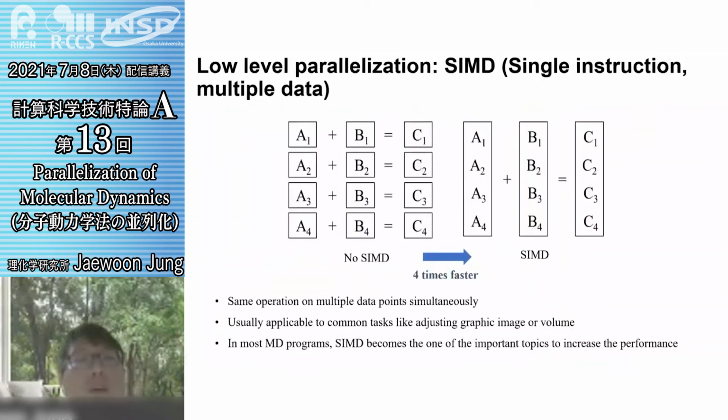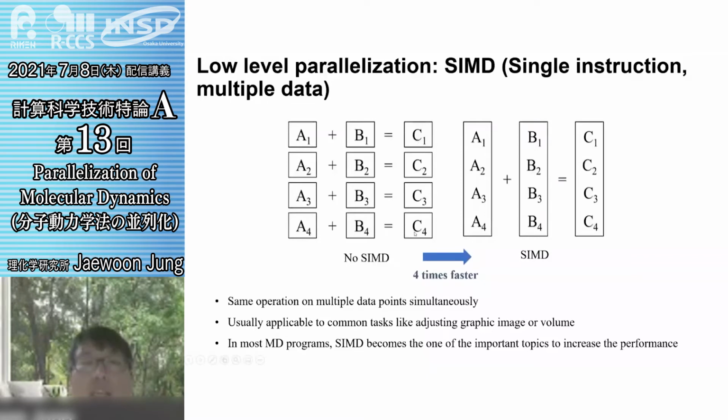And another kind of low-level parallelization is SIMD, single instruction multiple data. I think nowadays this one is one of the most important to accelerate the computation. So if we consider three arrays, A, B and C, and let's assume that A has 4 elements, A1, A2, A3, A4, and B has 4 elements and C also has 4 elements.